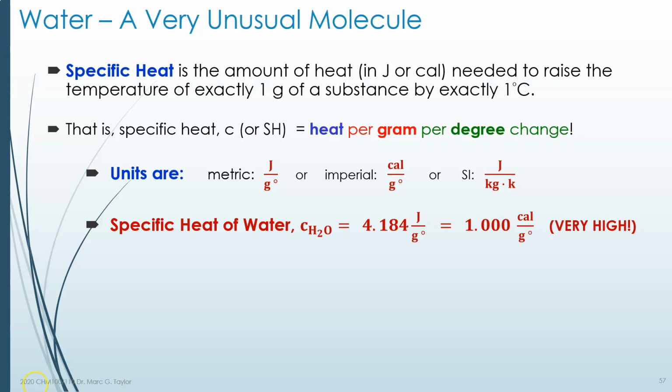What that means is you have to add 4.184 joules or 1.000 calories, those are the same thing, for every gram of water you have for every 1 degree you want to raise it up in temperature. And these numbers look like little numbers, but in the world of specific heat, these are actually considered extremely high values.